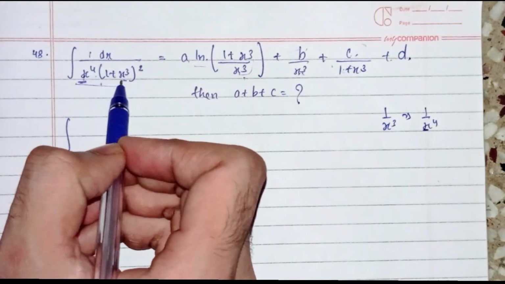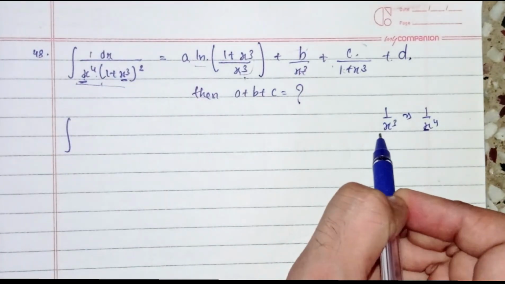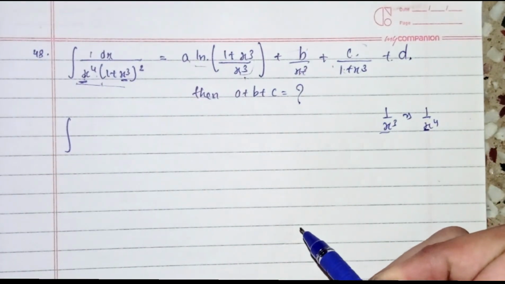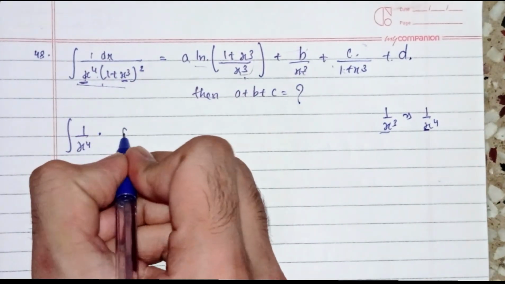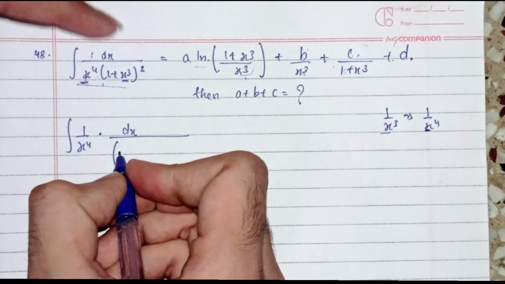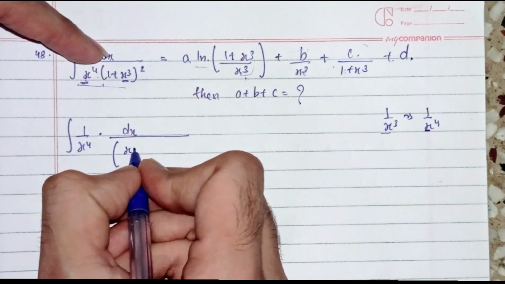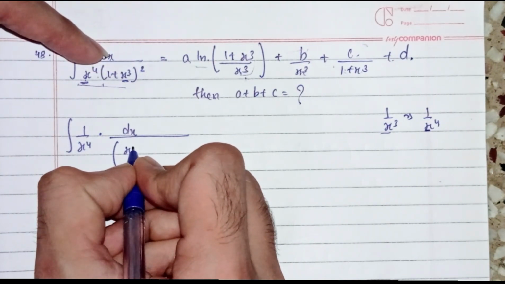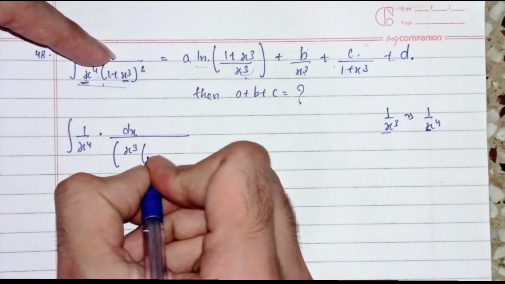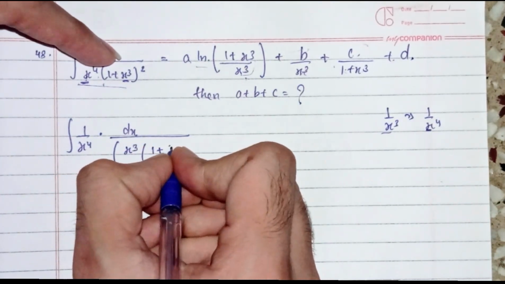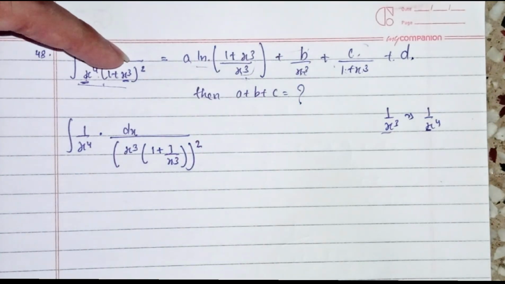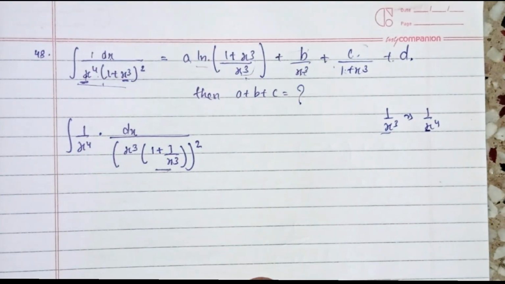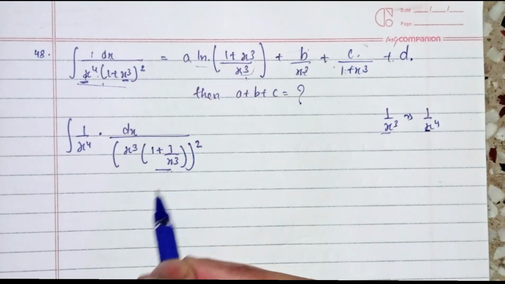So I need to convert this x to the power 3 into the form of 1 upon x to the power 3 to solve this question. So x to the power 4 dx upon, I will be taking x cube outside, and (1 plus 1 upon x cube) whole to the power 2. Now I have this, and if I differentiate here, I can get 1 upon x to the power 4.